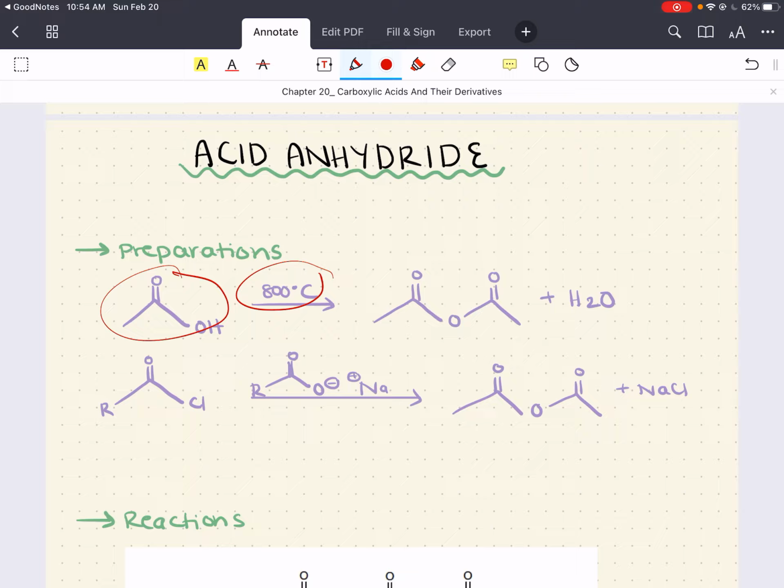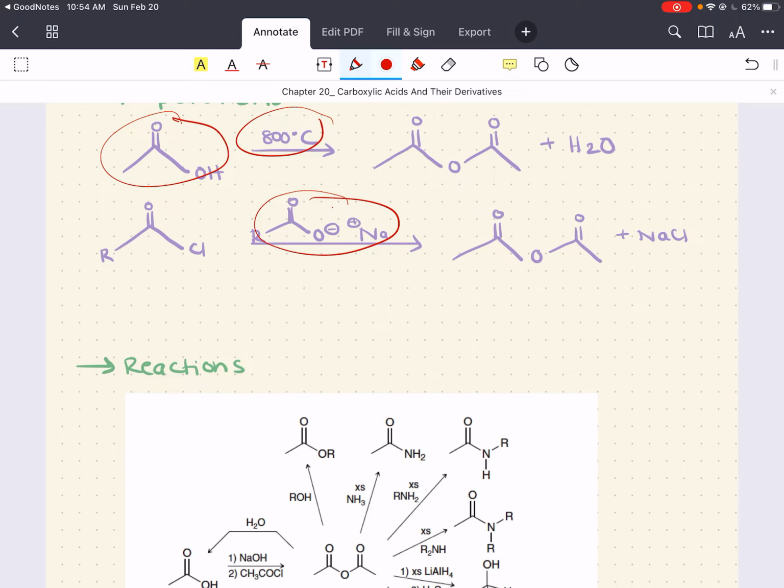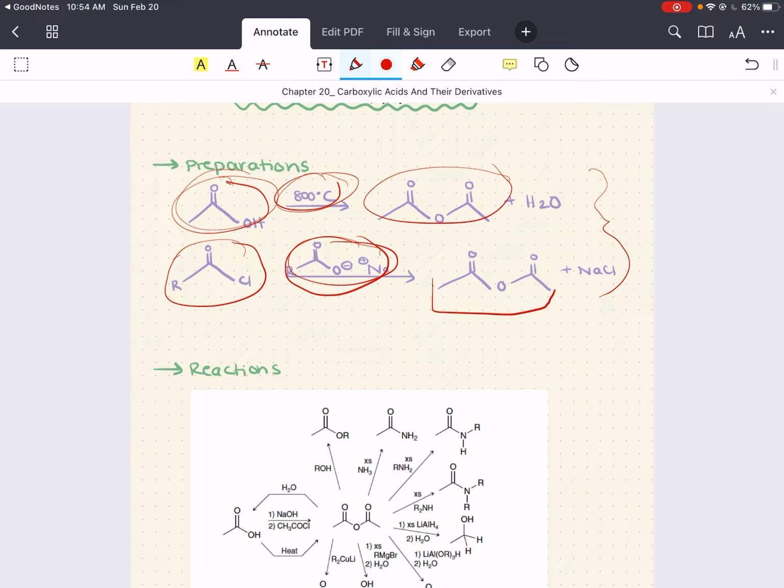Another alternative method for preparing acid anhydrides involves treating an acid chloride with a carboxylate ion, which functions as a nucleophile. So these are the two preparation methods we can have. If we have acetic acid, we can treat it with itself at high temperatures to form acid anhydrides. We can also take acid chloride, treat it with this carboxylate ion, and we can form an anhydride.